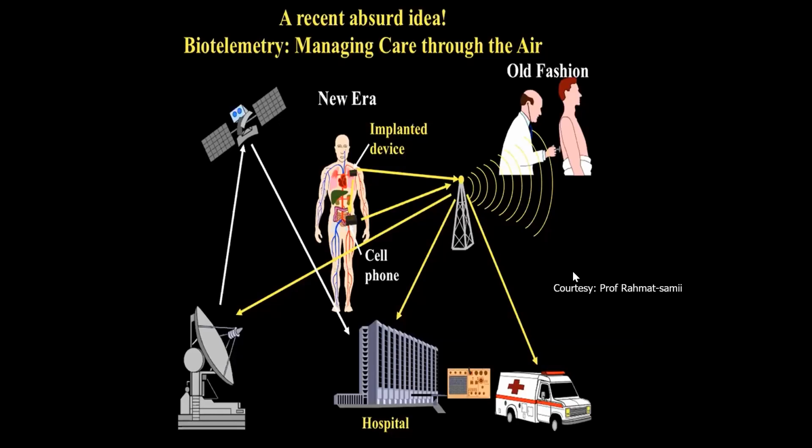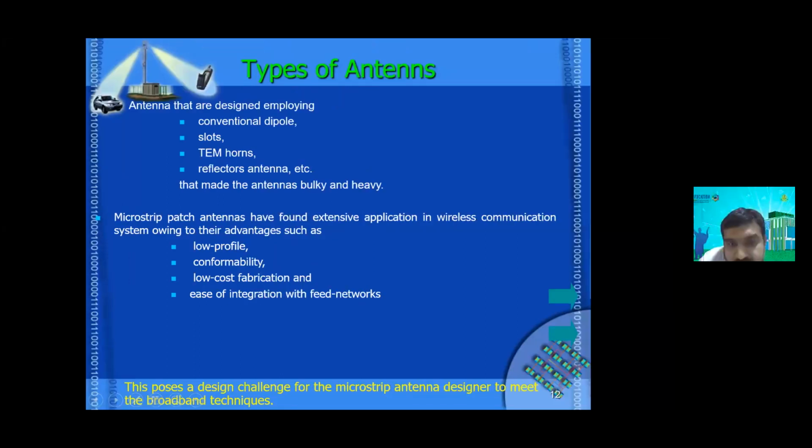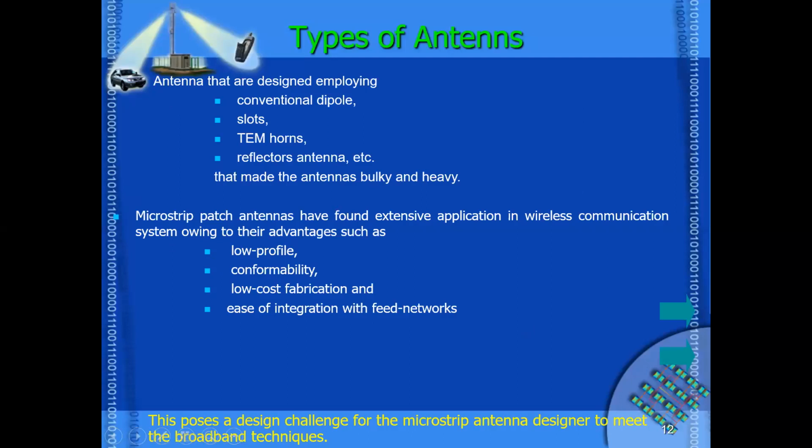Antennas can be designed as conventional antennas, slot antennas, TEM horn antennas, reflector antennas, or different types such as parabolic antennas. The microstrip patch antenna is very important because it has different advantages: low profile, conformability, low cost fabrication.